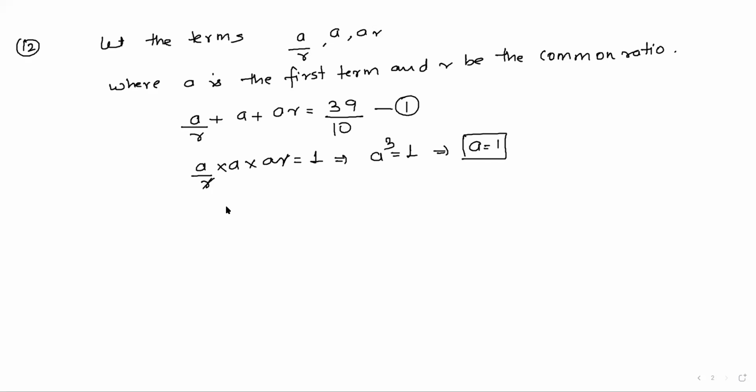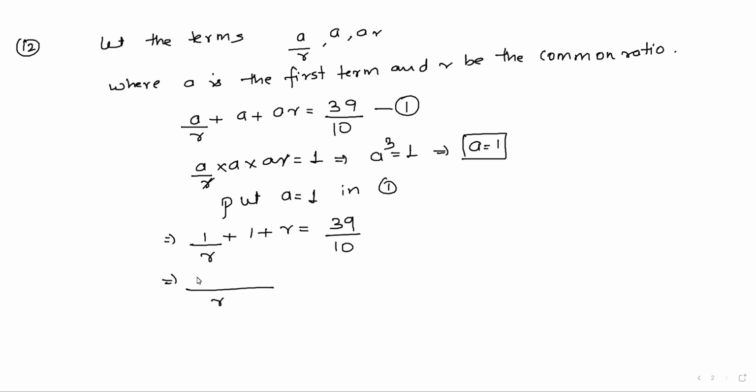Then put A is equal to 1 in the first equation. This gives 1 by R plus 1 plus R is equal to 39 by 10.